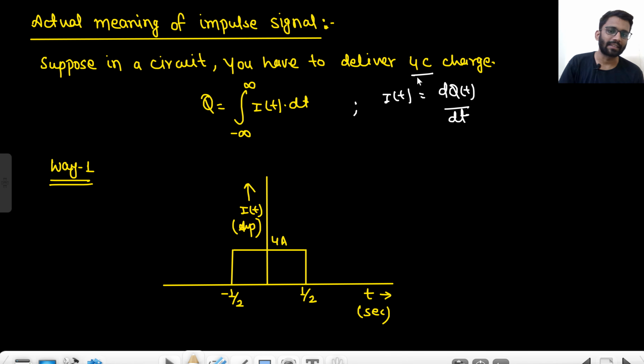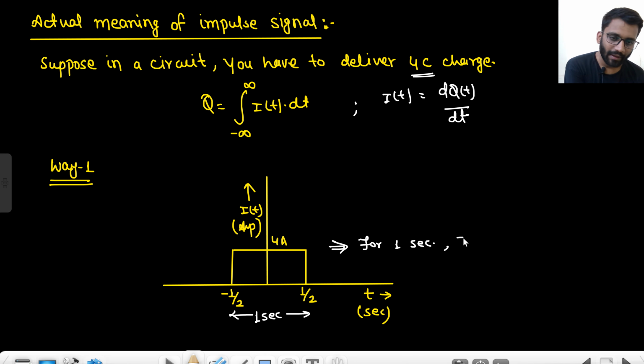You have to give 4 coulomb charge. So what you can do, this is my time span of 1 second. For 1 second, I am giving 4 ampere current.